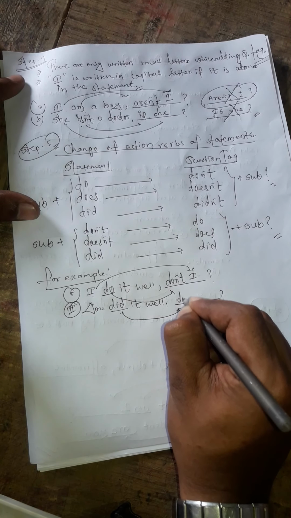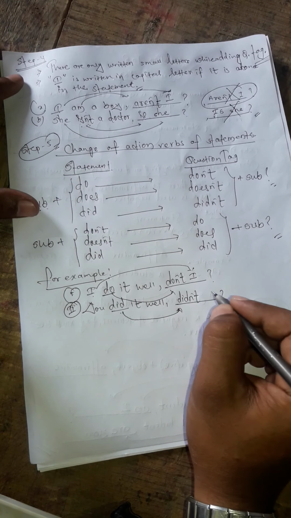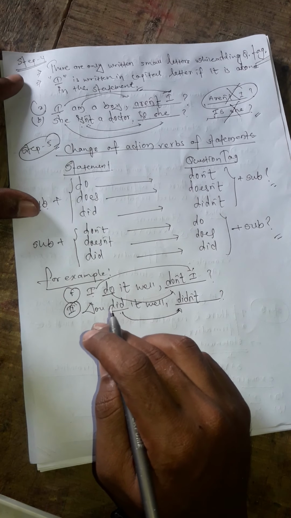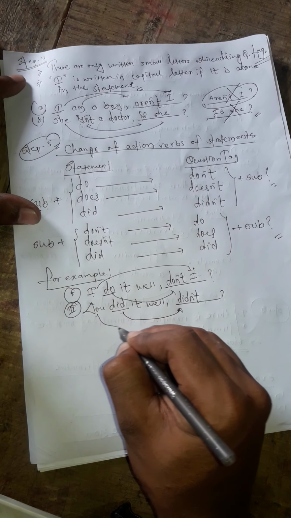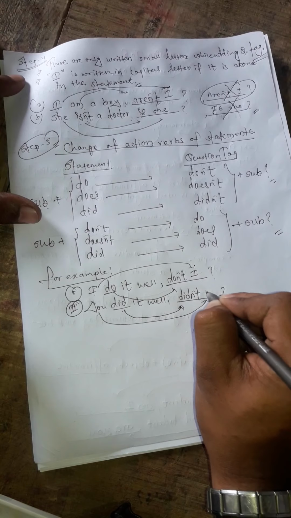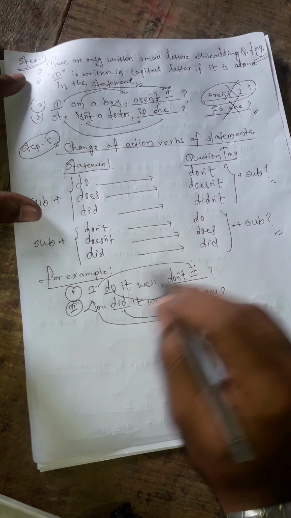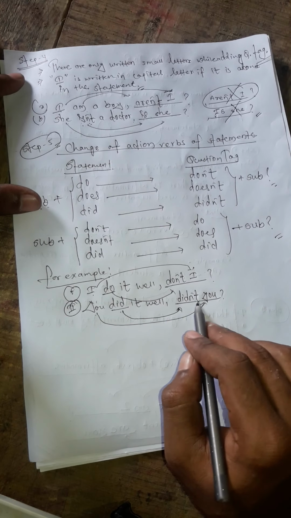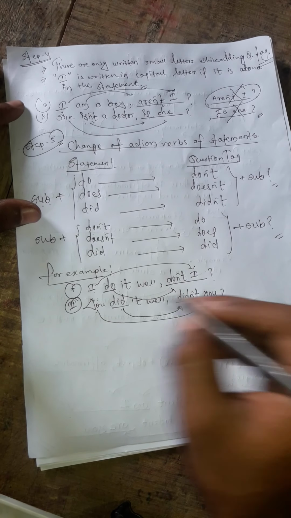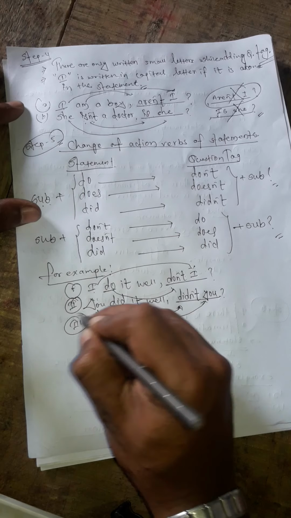So you can write did into didn't, and you have to write the subject the same. Subject is you, then you have to write you. I did well, didn't I? You did it well, didn't you?